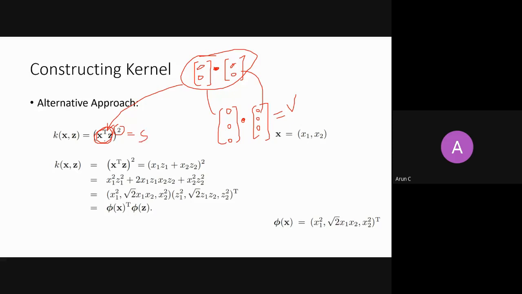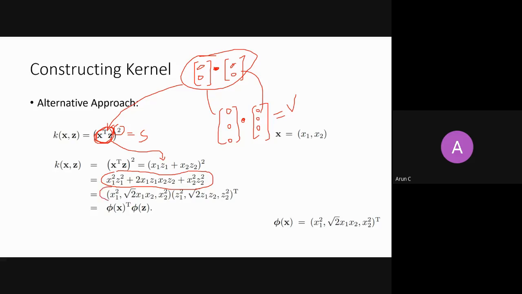Now let's try to analyze this. Rather than just doing a dot product here, you write this dot product in this form, which is nothing but x1 z1 plus x2 z2, and then take a square. You expand this square, and you find these are the components. And when you see these components, these are nothing but a dot product between two vectors.